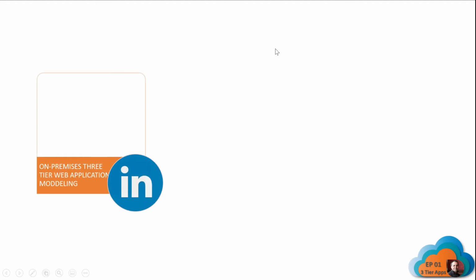This tutorial comes in 3 parts. First, I'm going to illustrate what a sample 3-tier application looks like and how its components and microservices are defined and layered, and how they interact in on-premises environments.